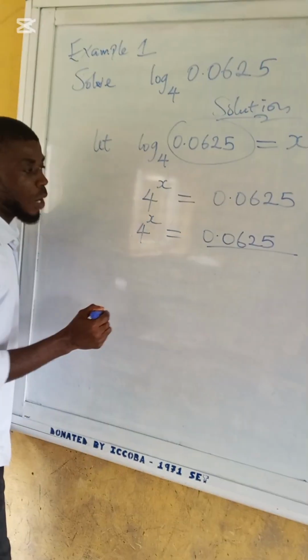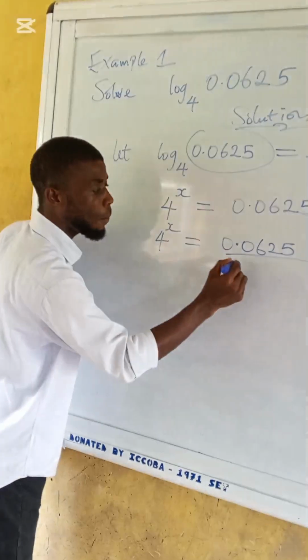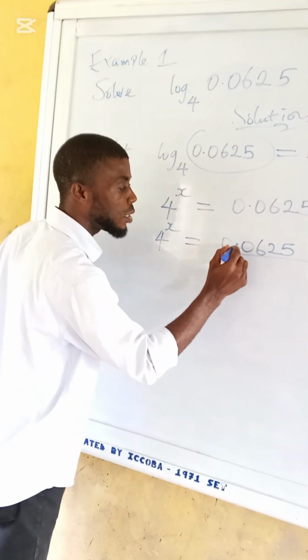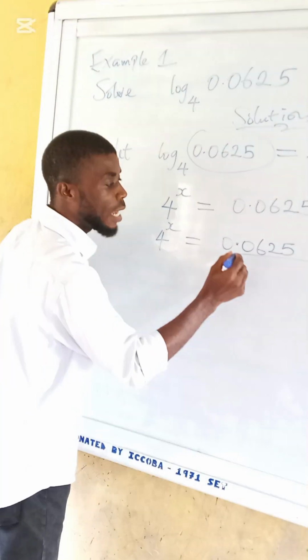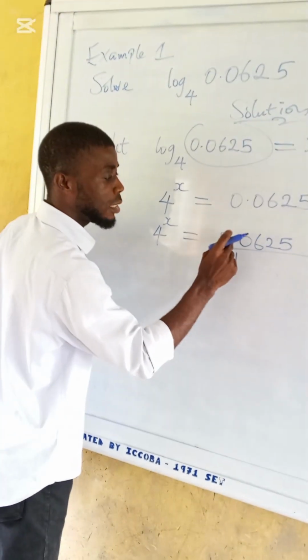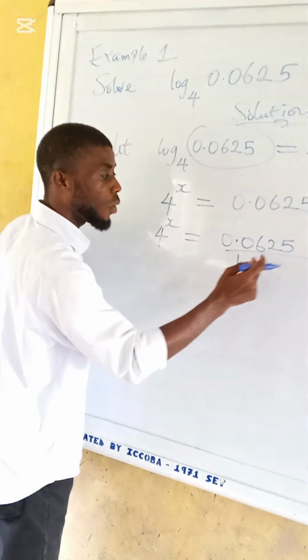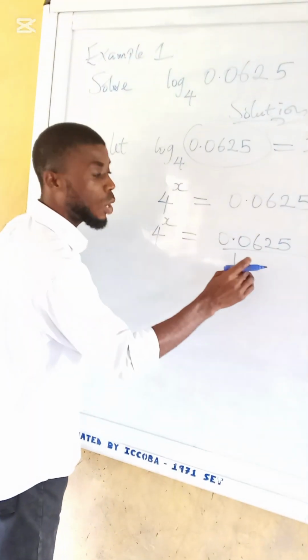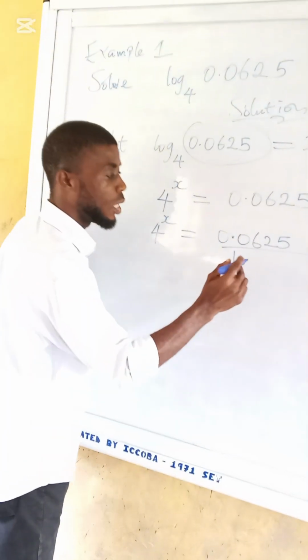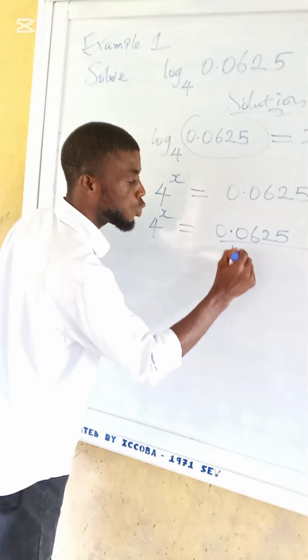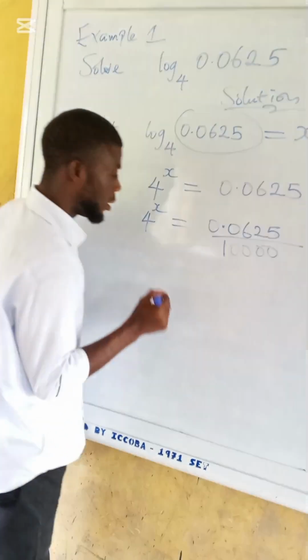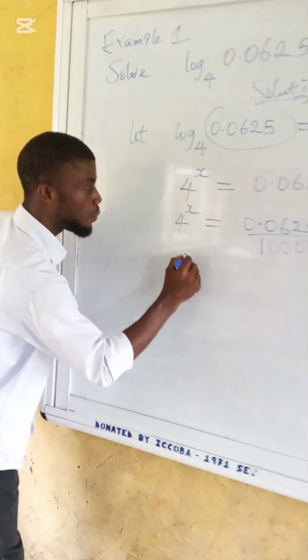If I want to convert to fraction, I will come right under the decimal point. I will use 1 to remove the decimal point. The number of digits immediately after the decimal point determines the number of zeros that I will put at the denominator. Since we have 4 digits here, I'm going to replace them with 4 zeros.